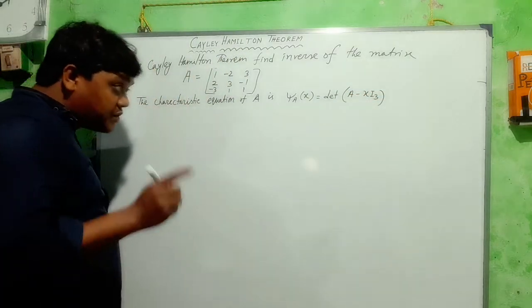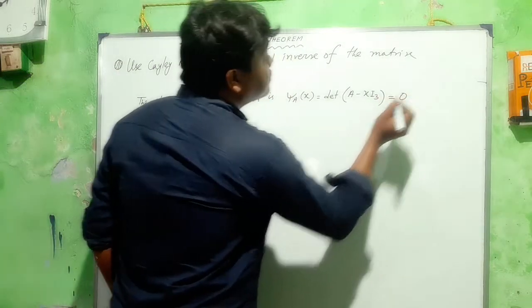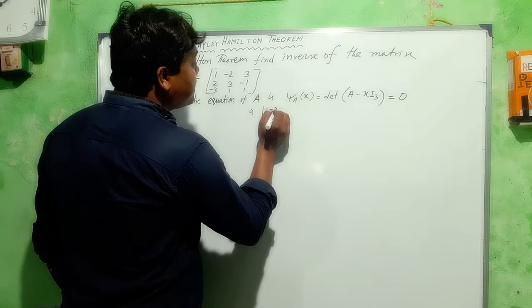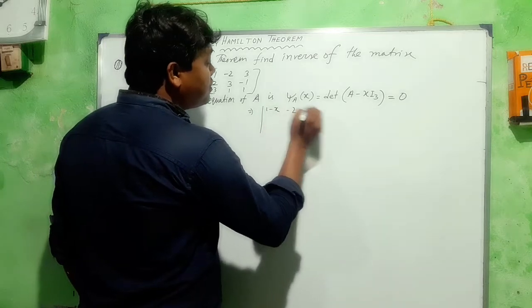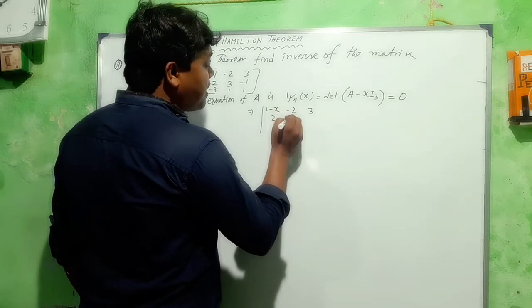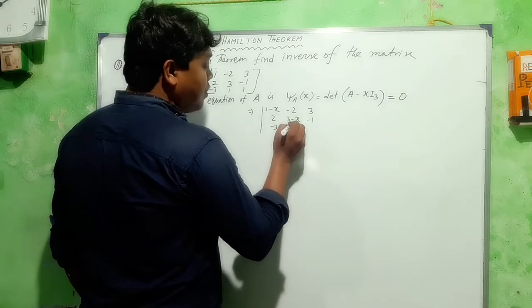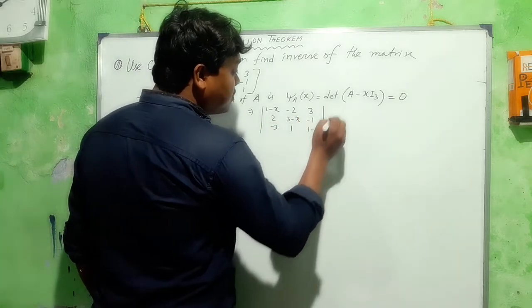The characteristic equation, I have said, equals to 0. That gives determinant of 1 minus x, minus 2, 3, 2, 3 minus x, minus 1, minus 3, 1, 1 minus x equals to 0.